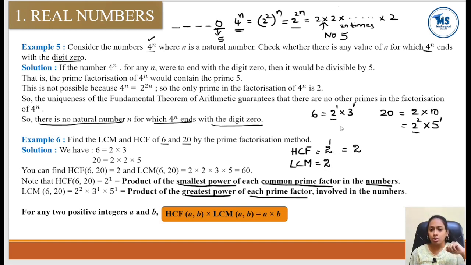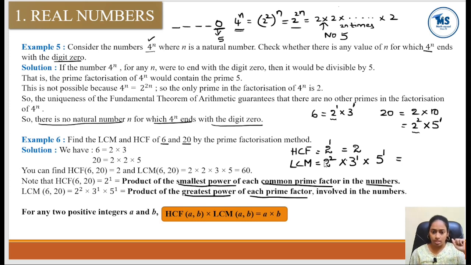The highest power would be, between 2 power 1 and 2 square, 2 square. The next prime factor we are considering is 3, and the highest power of 3 is 1 only, and the next prime factor is 5, the highest power of 5 is 1.